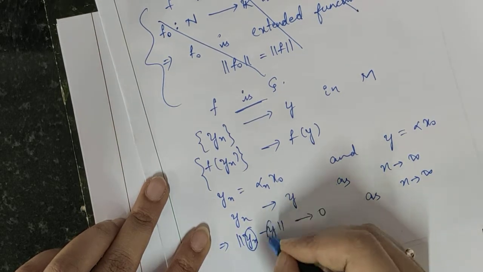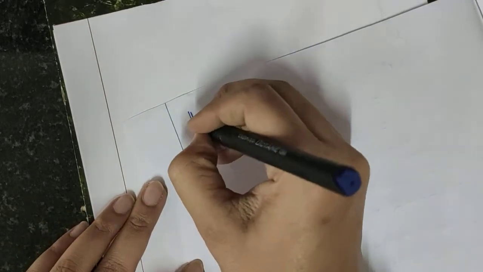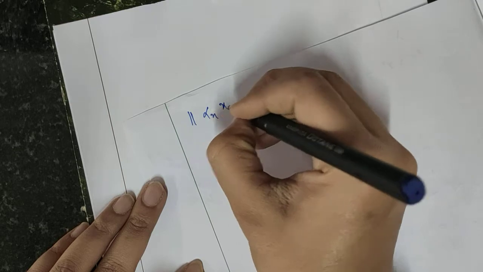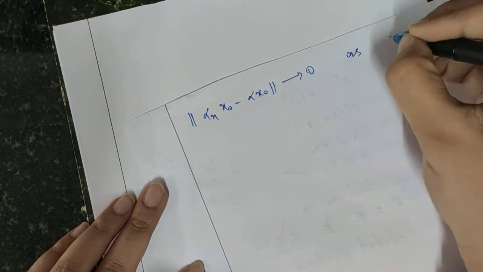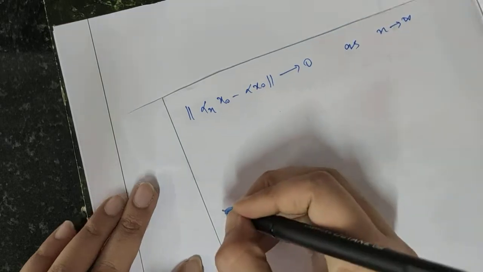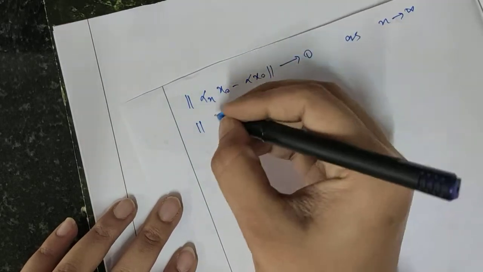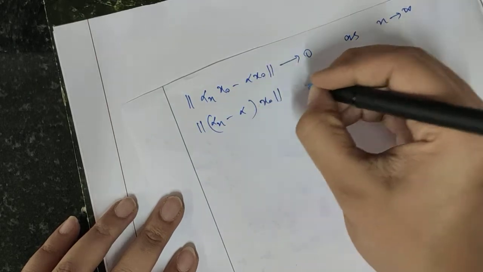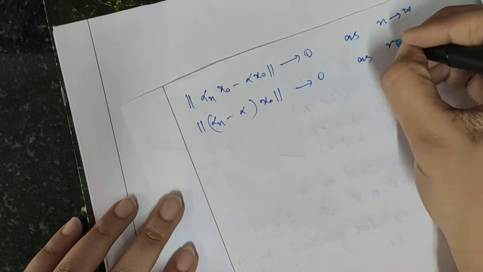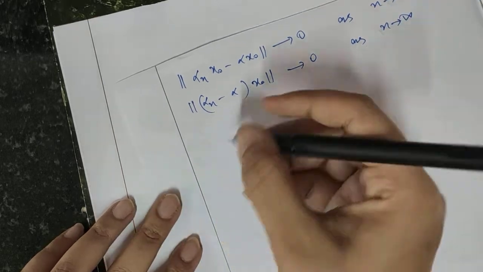So now substitute the value of yn and y here. So you will be getting norm alpha n x naught minus alpha x naught tends to 0 as n tends to infinity. Here you can take x naught as common, so it will be norm of alpha n minus alpha into x naught tends to 0 as n tends to infinity.